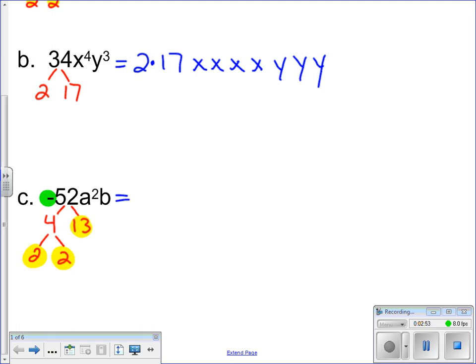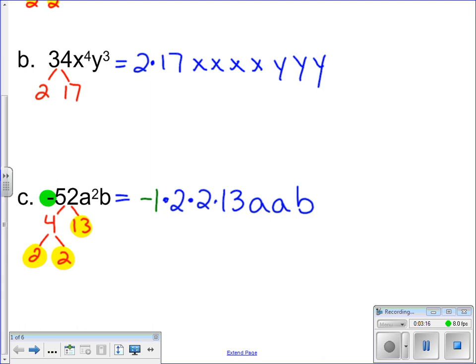So I'm going to put a -1 first. And then I'm going to put 2 2's, a 13, 2 A's, and a B. So if the number happens to be negative, treat the negative part as a totally separate factor.